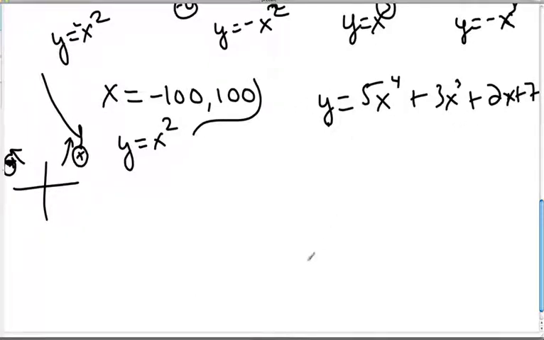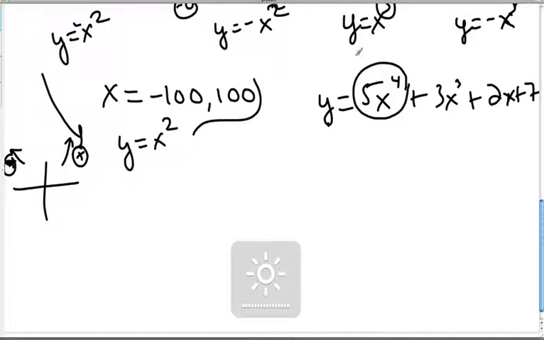What's the fastest growing term in here? Well, exponentially speaking, this is the fastest growing term, 5x to the fourth. So as we get to very large numbers, such as 100, such as infinity even, but we're going to work with 100, all these other terms start to become negligible compared to this. This becomes the central focus.